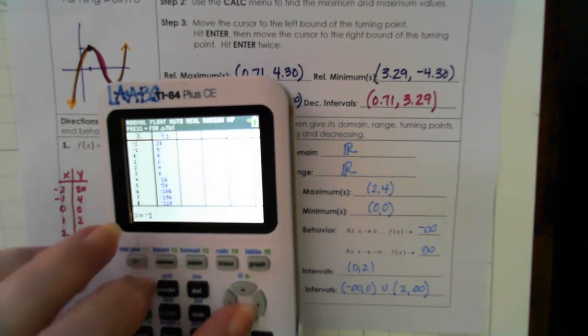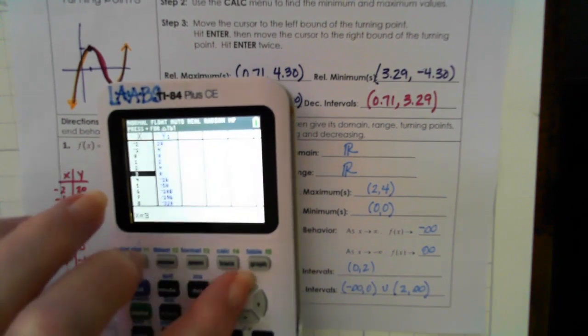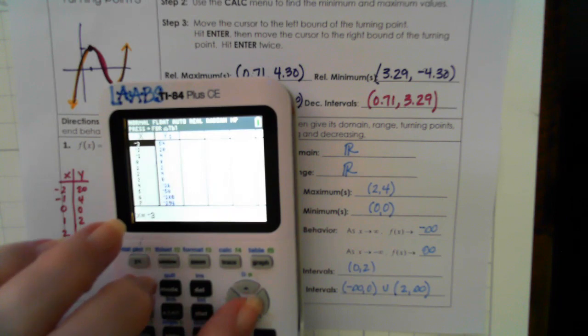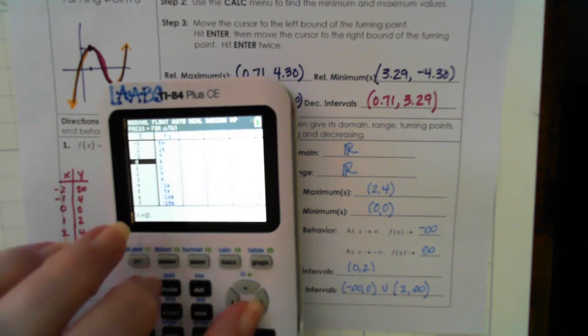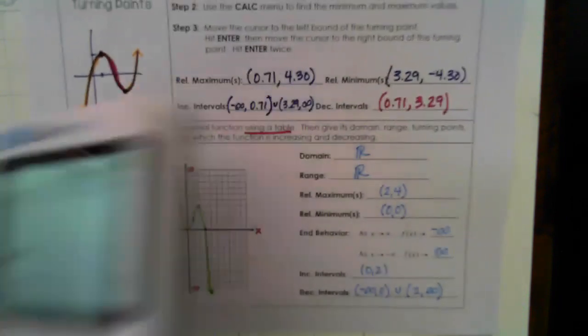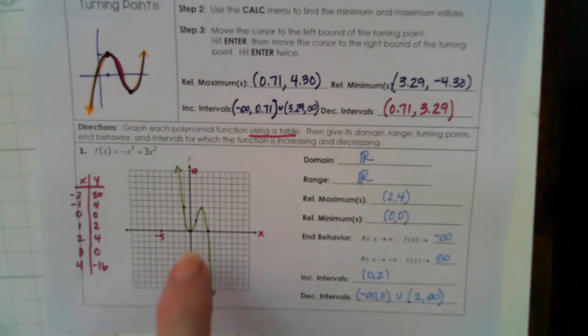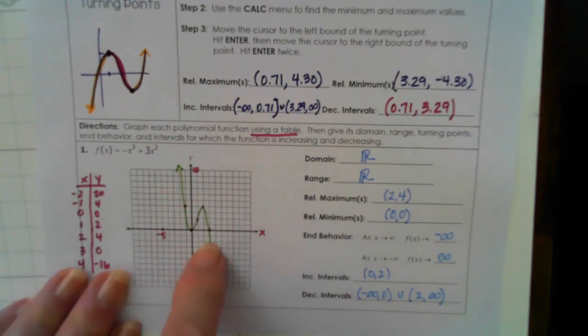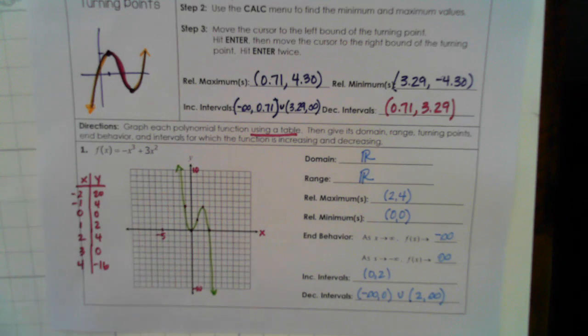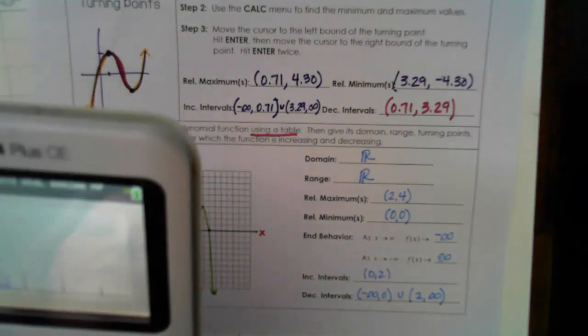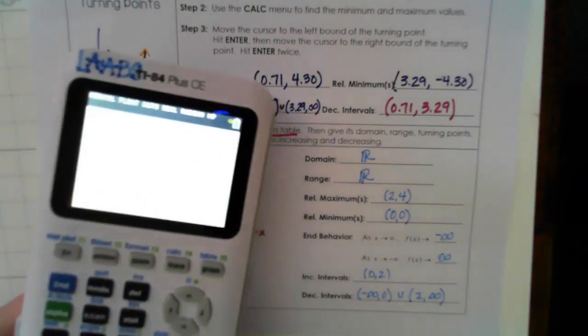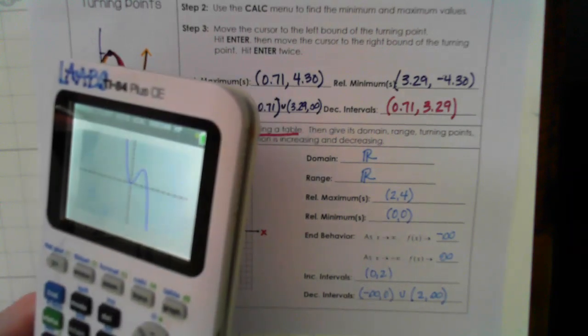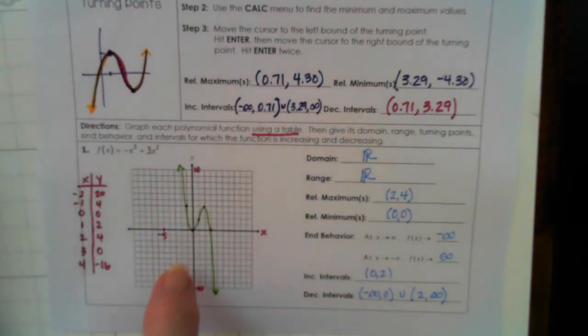You can cursor up and down the table, and I got my points. So I have my x from -2 to +2, the different values that I wrote down in my table right here, put those points on the graph, connected them, and again, you could use your calculator to graph this and double check that what you have in your graphing calculator is what you ended up with here.